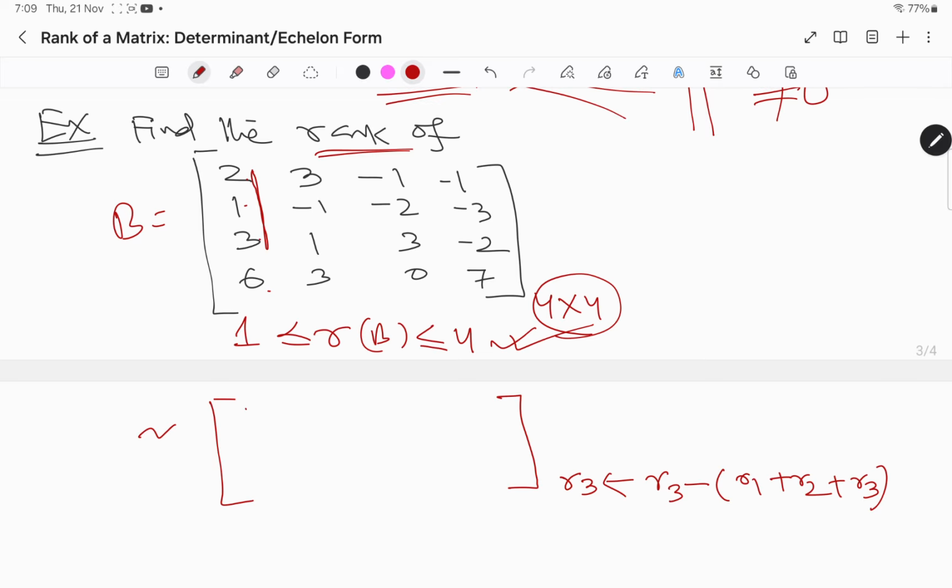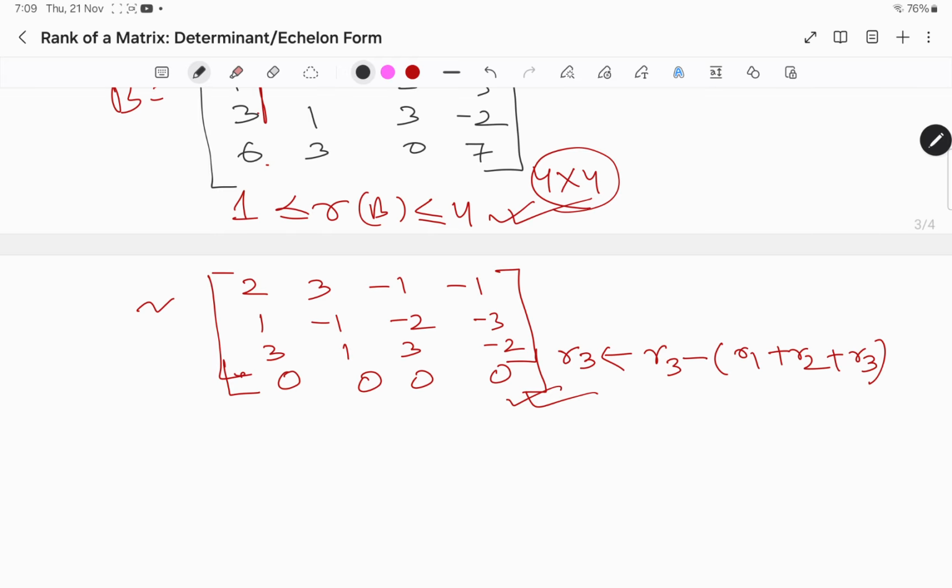So here this is 2 3 minus 1 minus 1, it is 1 minus 1 minus 2 minus 3, it is 3 1 3 minus 2, and it is my 0 0 0 0. I adopted this by inspection, since this is 3 and this is 7.